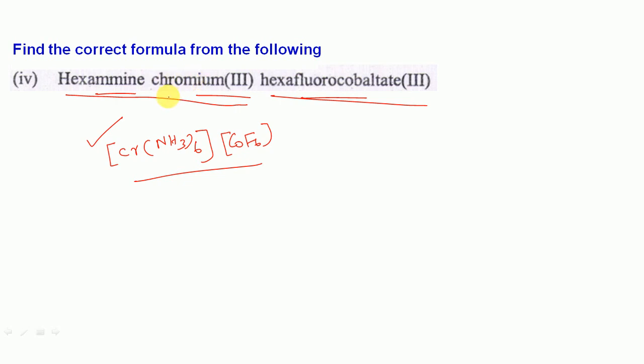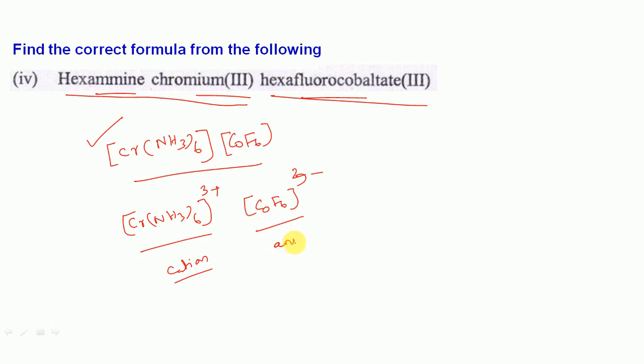So we can separate: [Cr(NH3)6] 3 plus and [CoF6] 3 minus. This portion is the cationic part and this portion is the anionic part.